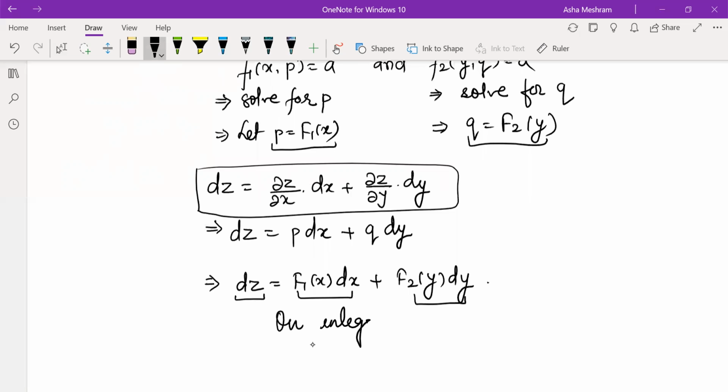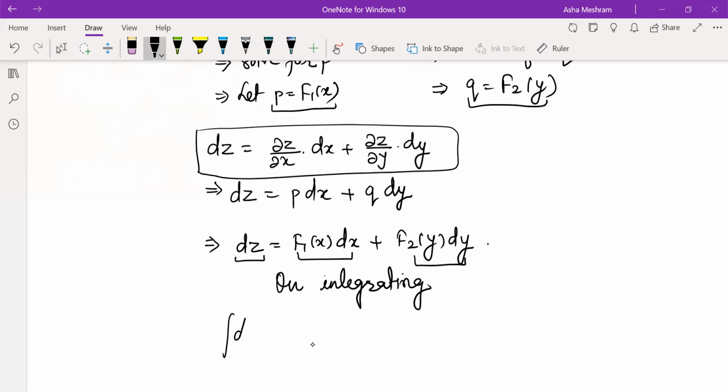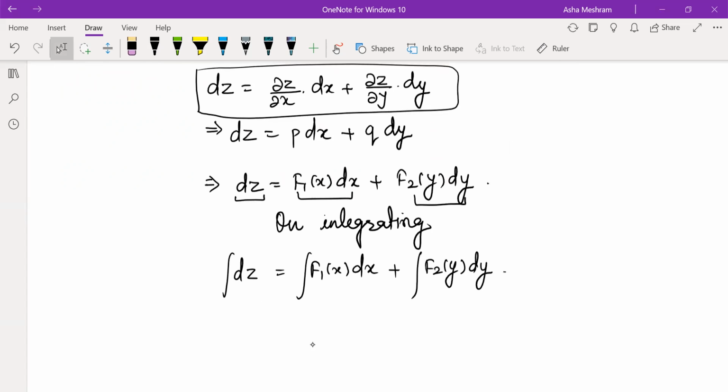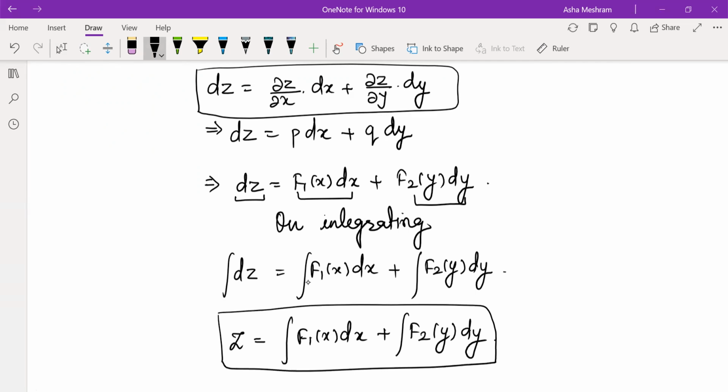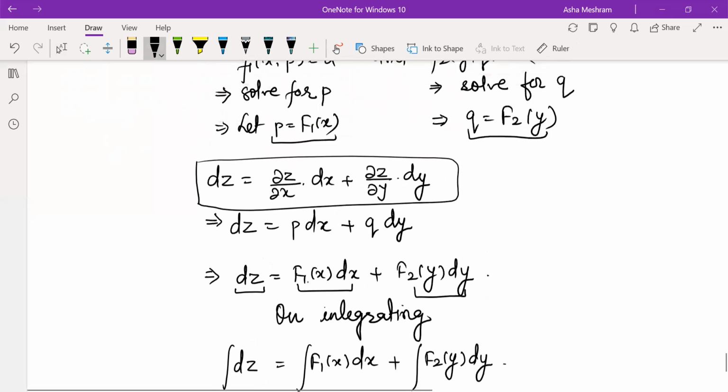So on integrating, we get integration of dz is equal to integration of f1 dx plus integration of f2 dy, or this can be written as z is equal to integration of f1 dx plus integration of f2 dy. So this will be our required solution.